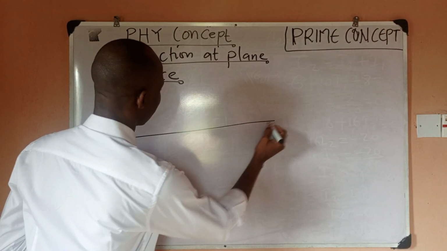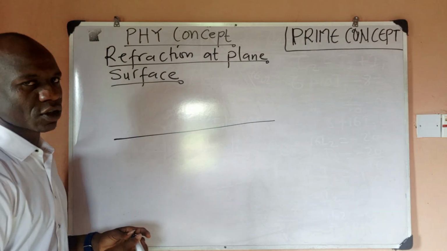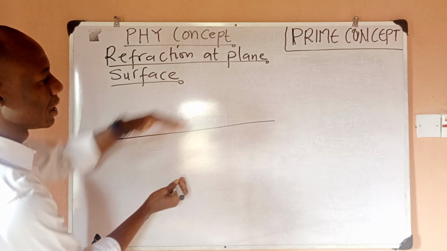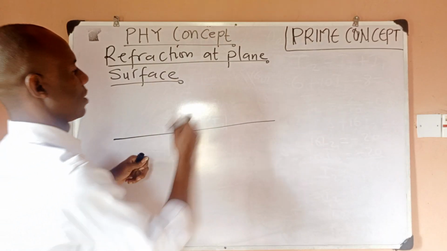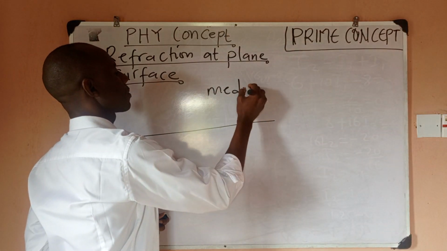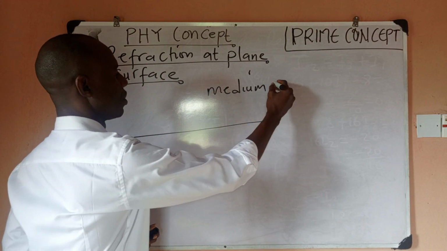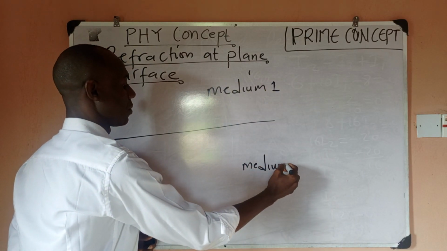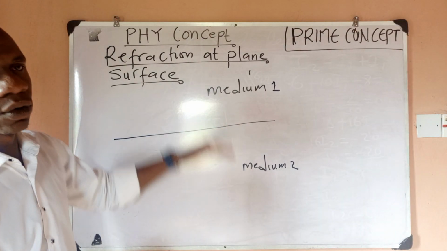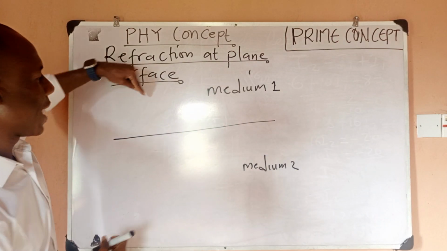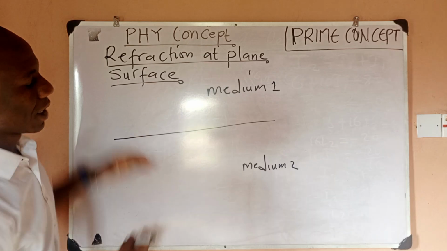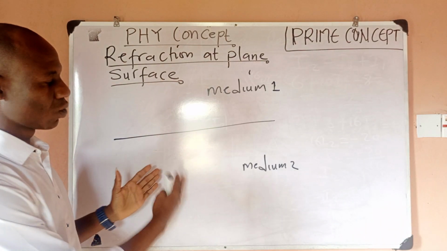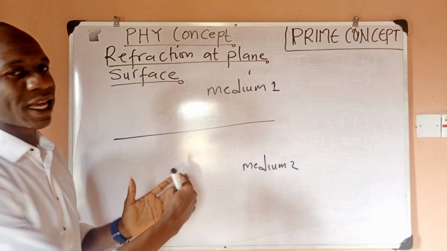If I have this as a plane and a smooth surface, this line would represent a boundary between this medium, say medium 1, and another medium 2. So we have two media here. When light is traveling from this part and entering this part, it would be expected to bend, right?